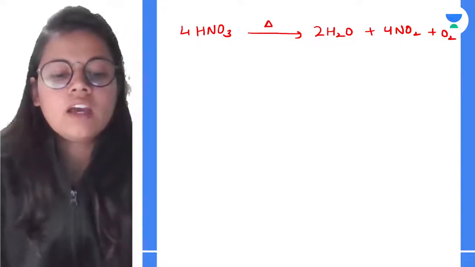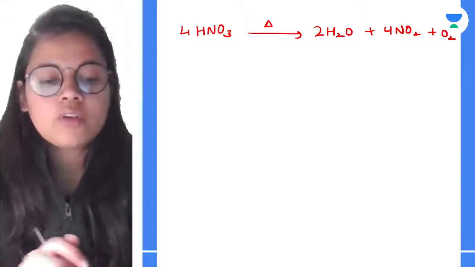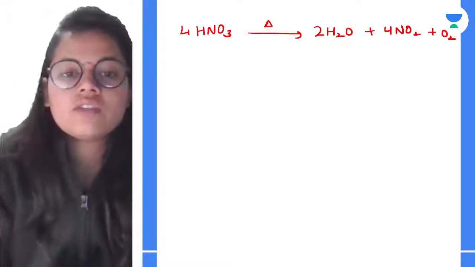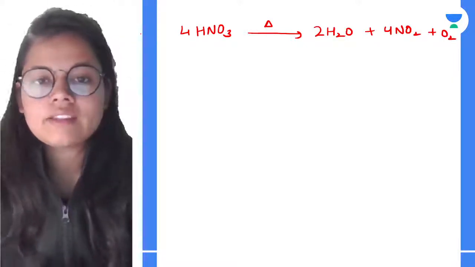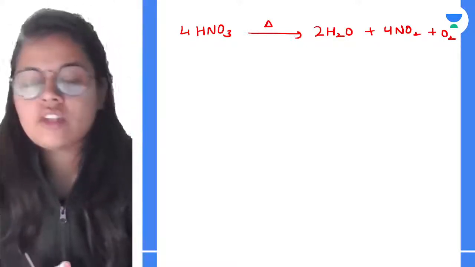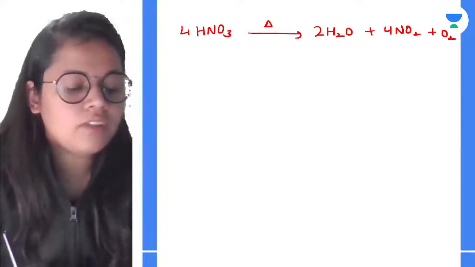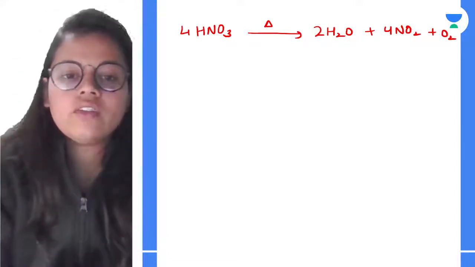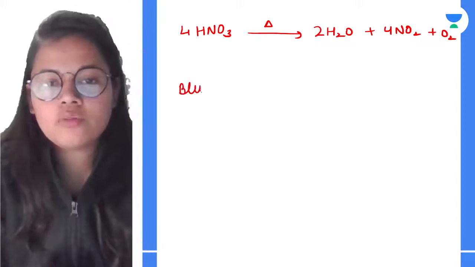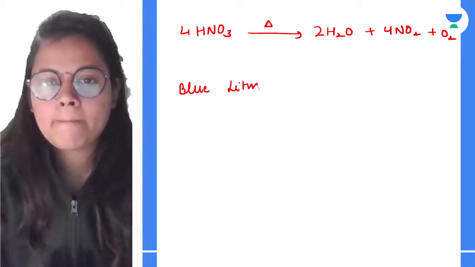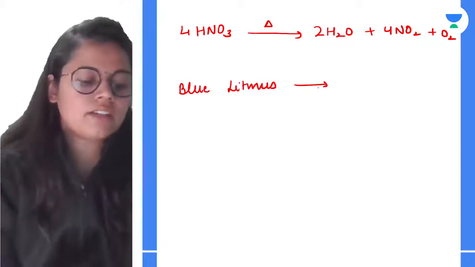Next, talking about the properties. Of course nitric acid is a typical acid, so it will be showing all the properties of an acid. Can you tell me what effect it will have on blue litmus? Can I get the answer in the chat box?